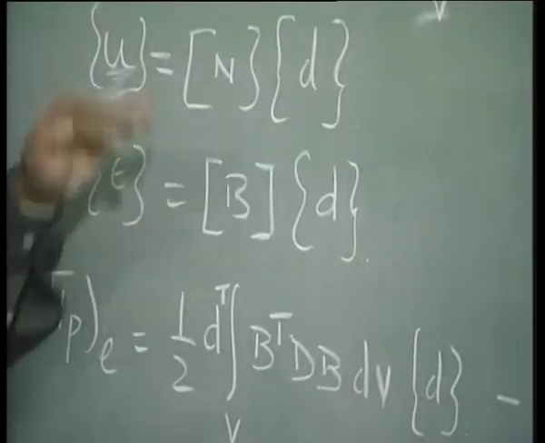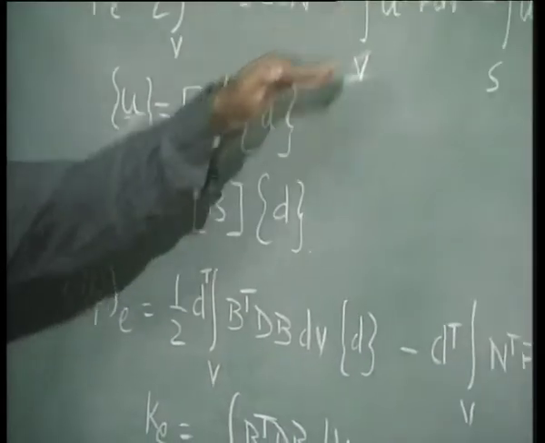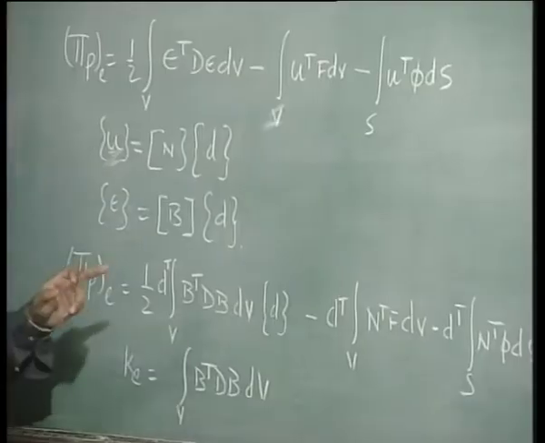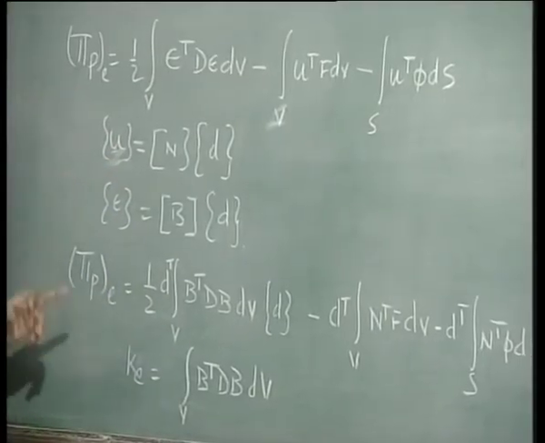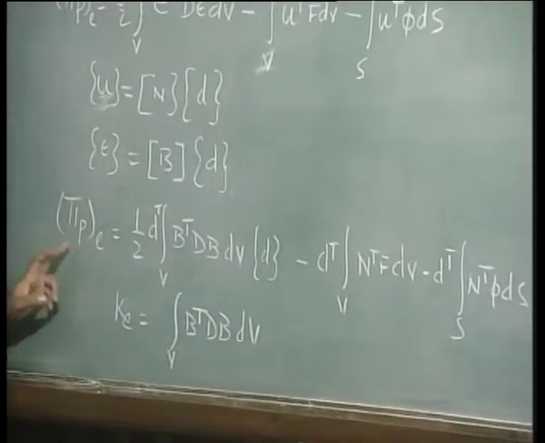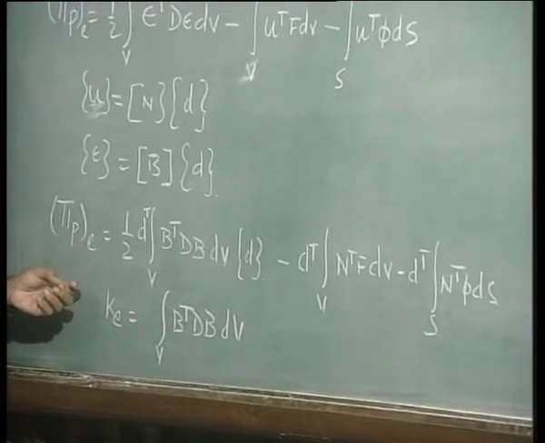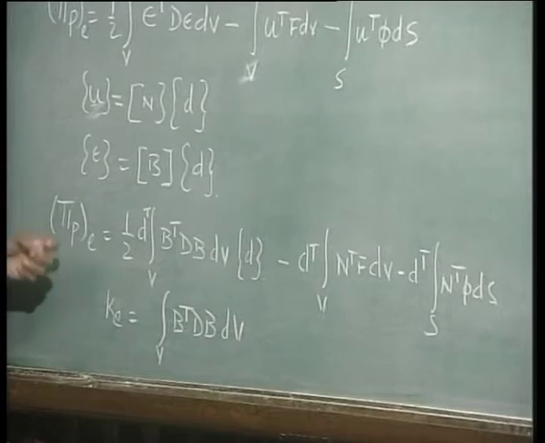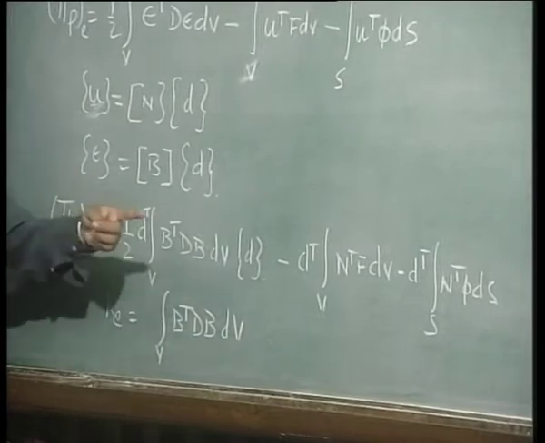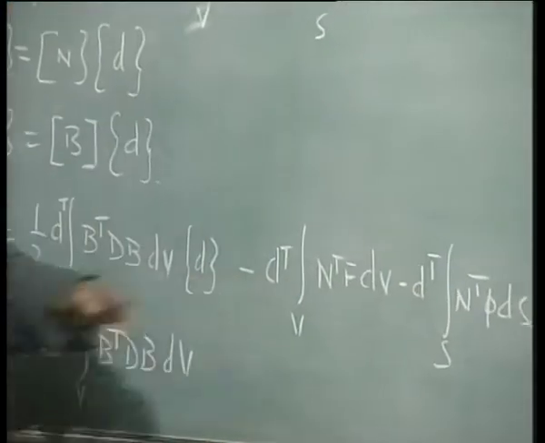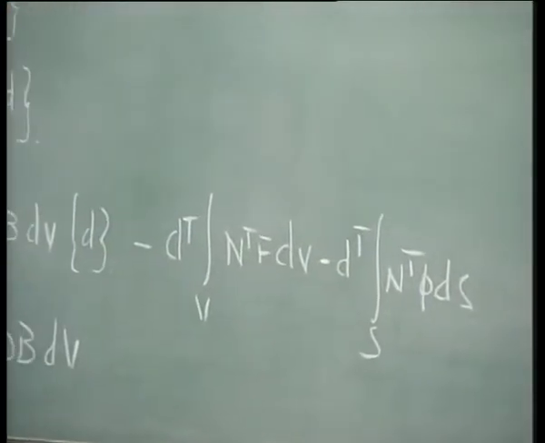We substituted these two into my original phi p equation, and wrote down phi p for an element. I am just calling it phi p of an element so that you won't get confused. I have deliberately removed the last term which I symbolically added for the time being, the last term indicating concentrated loads.